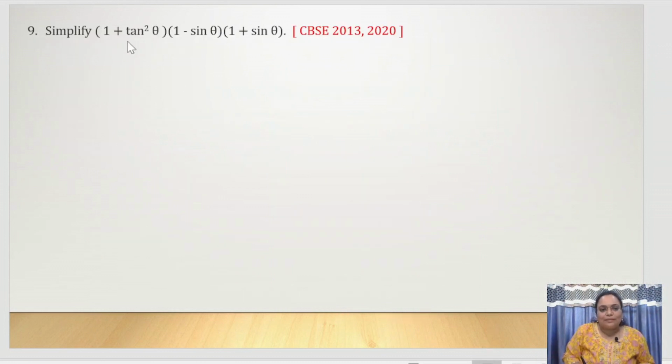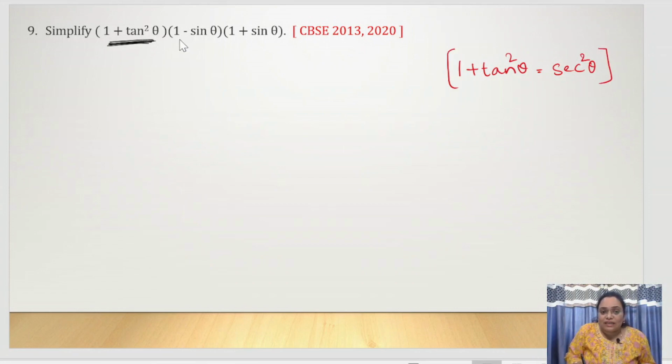Simplify 1 plus tan square theta into 1 minus sin theta into 1 plus sin theta. So if you see this 1 plus tan square theta, from the identities you have 1 plus tan square theta is equals to secant square theta. You have this from the identities.